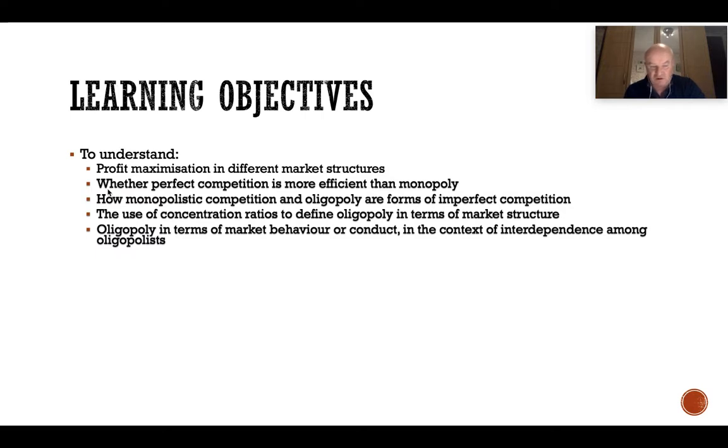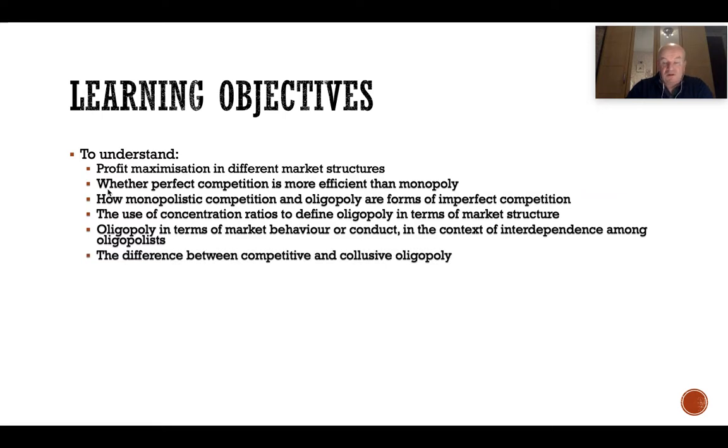And probably one of the best examples I can think of is the supermarket sector, where you've got a range of fairly big players, but also a range of slightly smaller ones. And you could also apply it to the coffee market in the UK, particularly the coffee shop market. And we'll talk about the way in which you can compare and contrast those. They are very good examples should you need to refer to examples when it comes to giving some context to the sort of answers that you might have to put together when you're answering questions on market structure.